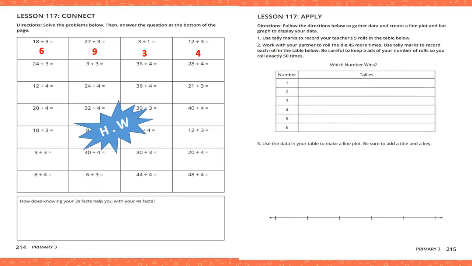Work with your partner to roll the die 45 more times. Use tally marks to record each roll in the table below. Be careful to keep track of your number of rolls so you roll exactly 50 times.